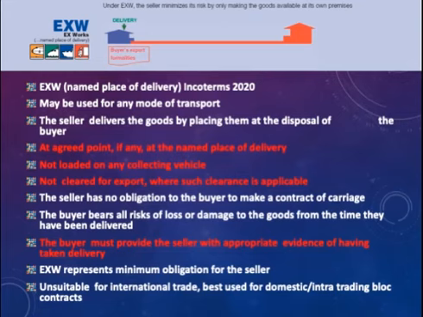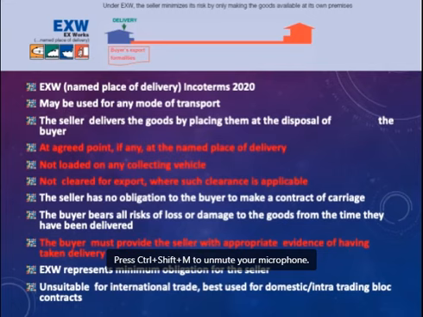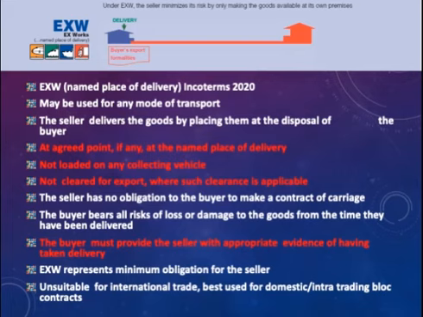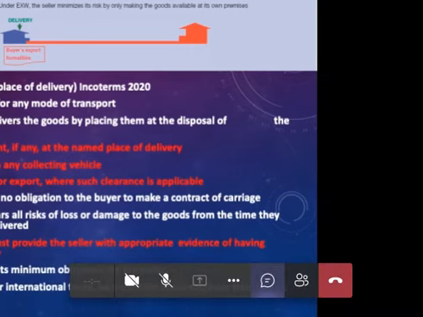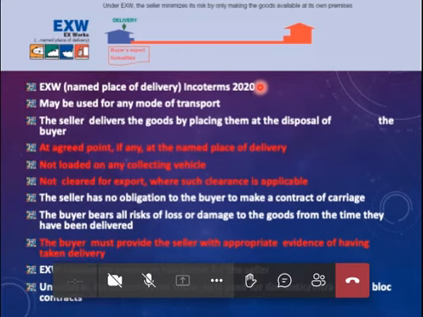Example of incorporating EXW in the contract. If the buyer and seller agree upon EXW for their transaction, how can they stipulate it in the contract? According to the structure here, I have provided the first line.